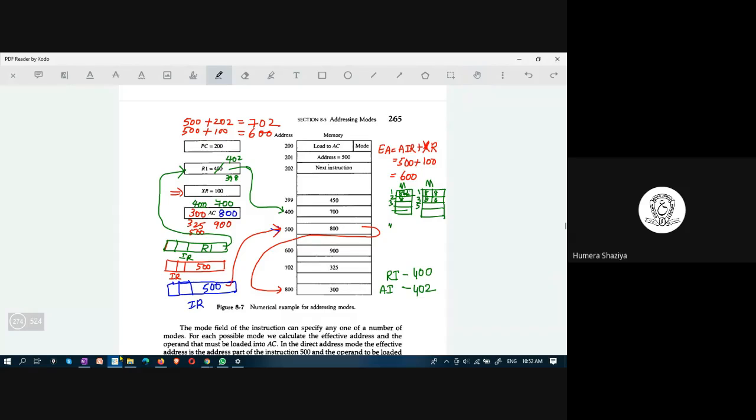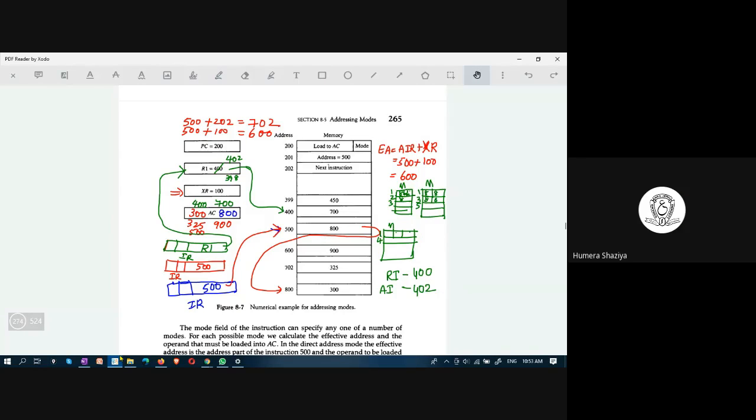Consider another memory in which you have 3 bytes per memory word. So if this is 1, this will be 1, 2, 3. Next time, what will be the address here? 4. How many bytes do you have to add to 1? 3. Why do you have to add 3?